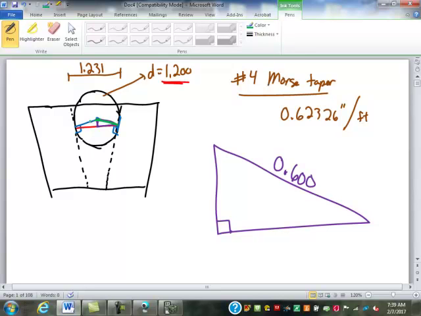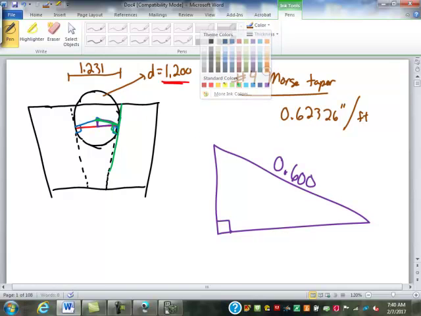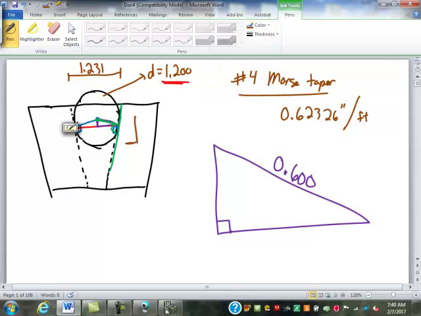We also know, since this is perpendicular to this tapered surface here, that it is going to have a slope equal to the slope of that surface. So the question is, what is the aspect ratio of that surface?